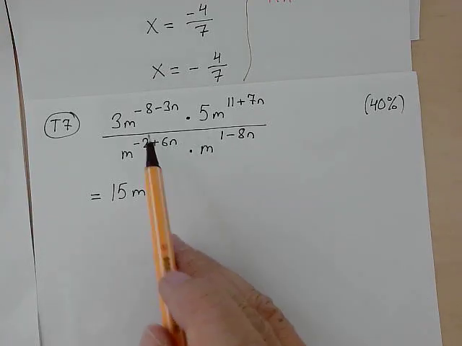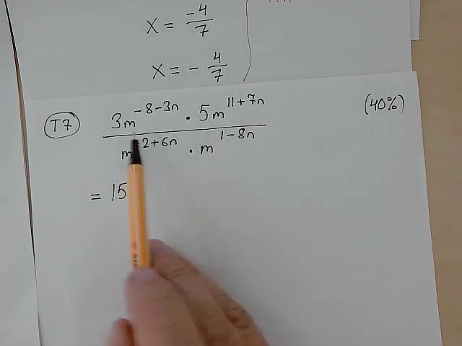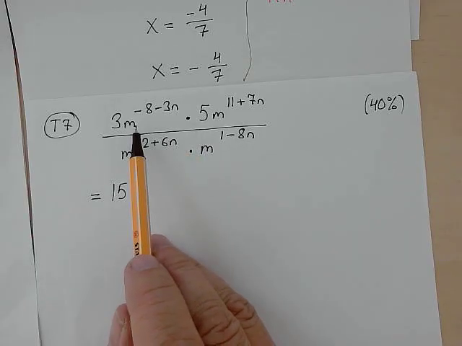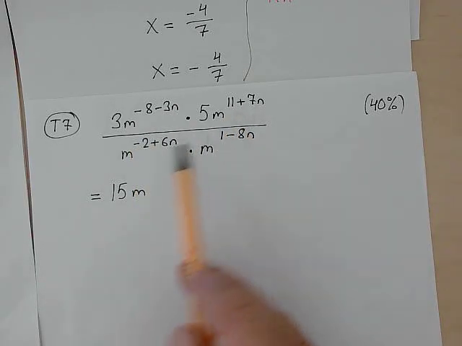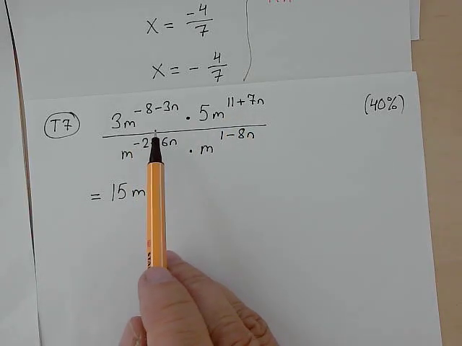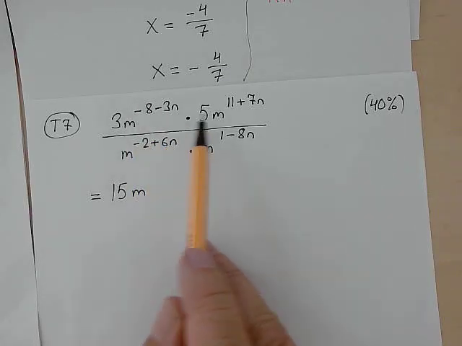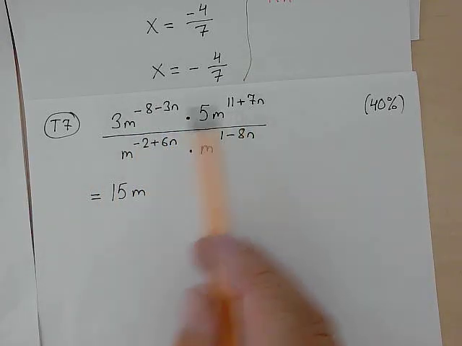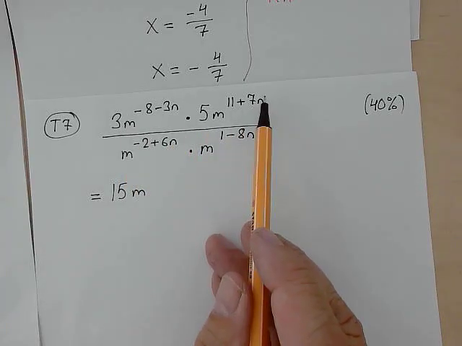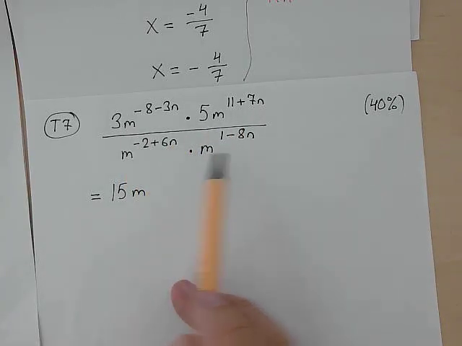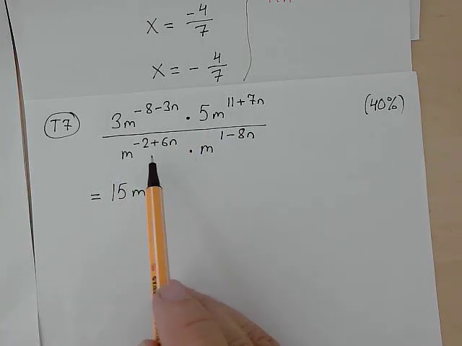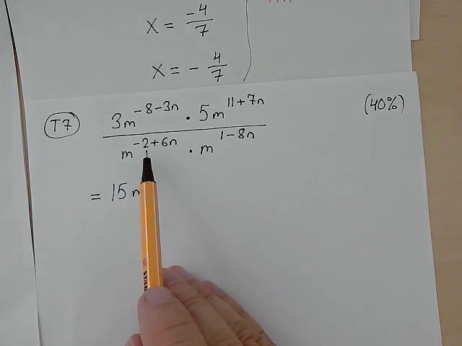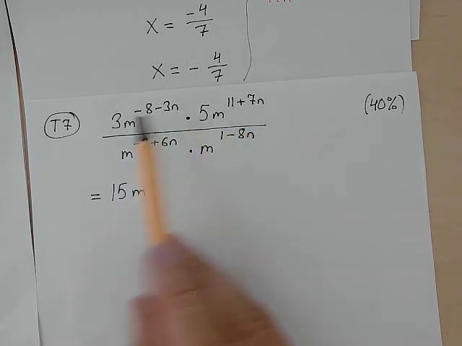We have the same base here, so this m to the power of something everywhere, and we have here exponents in the top part. We may add them together, and then we have these exponents in the bottom part, and we have the same base m, so we may subtract them from these.